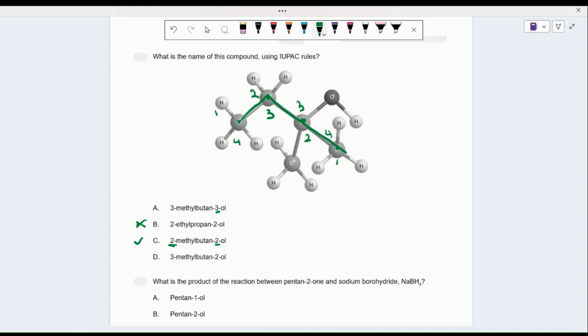But we want the lowest locant possible. Why is it not D? Well, we said the methyl and the hydroxyl are on the same carbon, so we can't have different numbers here. So that's why D is incorrect. And so we stick with C.